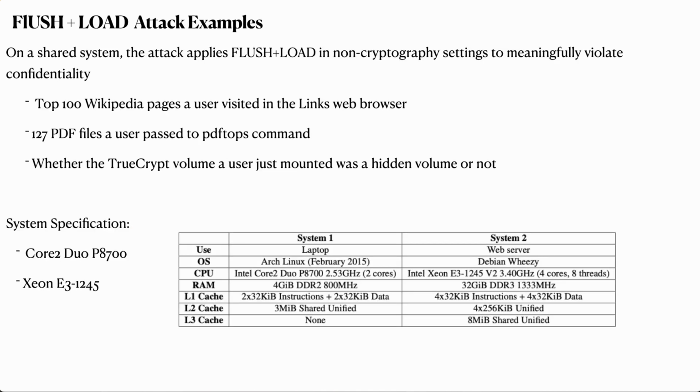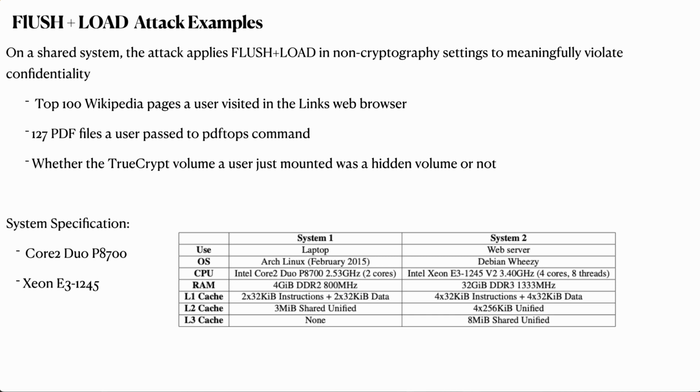Here are more real-world examples that were studied in this paper. So we assume we have a shared system, and the attacker applies Flush+Reload in non-cryptographic settings to meaningfully violate confidentiality. This paper did 3 different experiments.